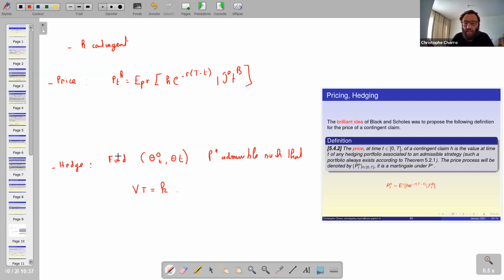At this stage, the only thing I know from definition 5.4.2 is that I have a theoretical expression for the price in the form of a conditional expectation, and I know the existence of a P star admissible financial strategy. I want to be a little bit more explicit concerning the way to find these concretely. And it's what we are going to do today.